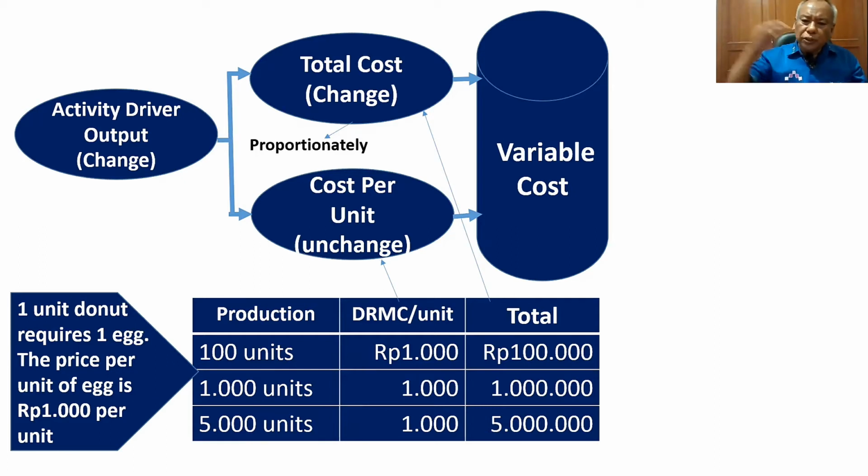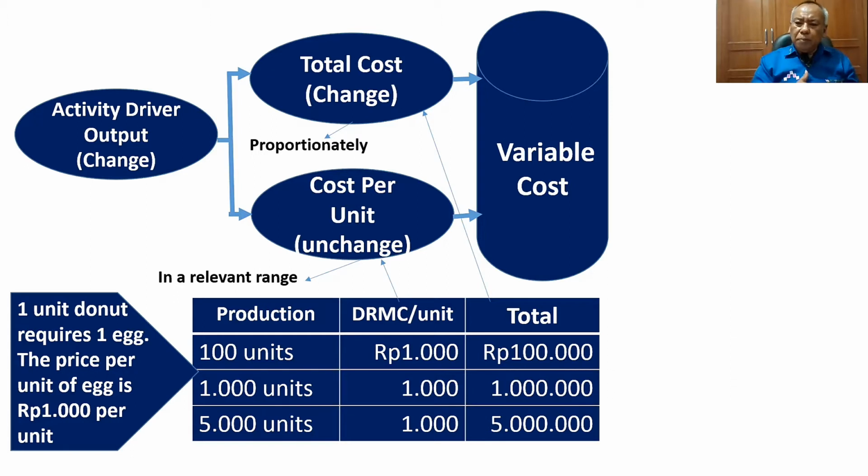So the total changes proportionately, while the cost per unit remains constant within the relevant range. More than the relevant range or lower than the relevant range, the cost will change.